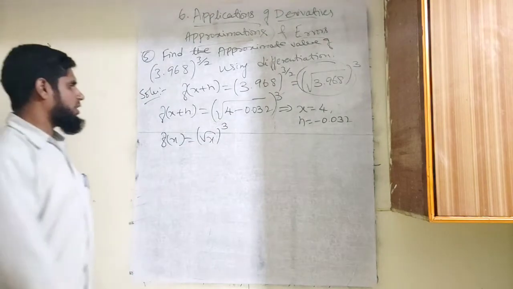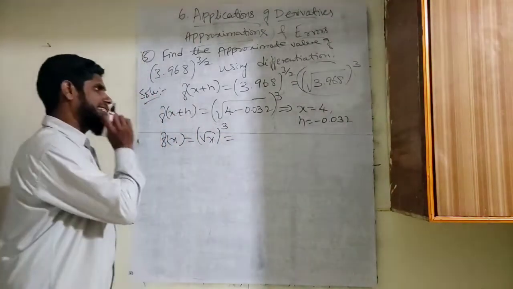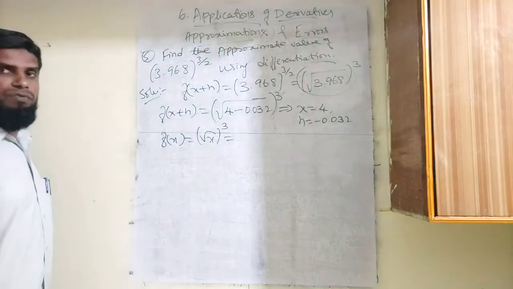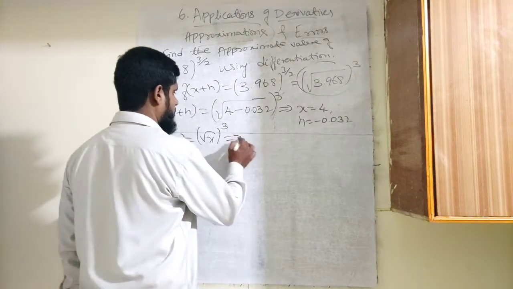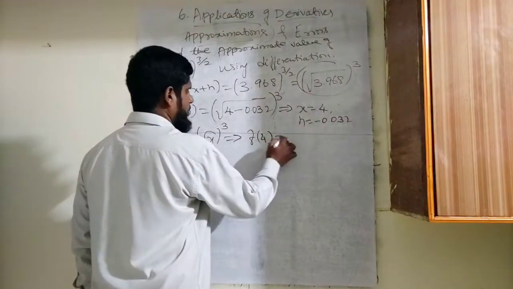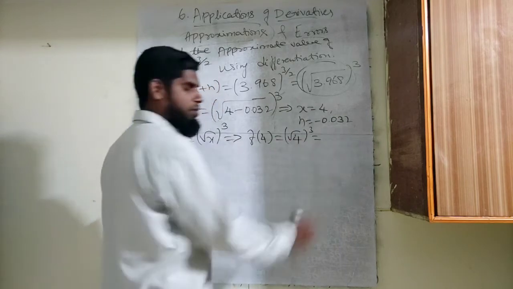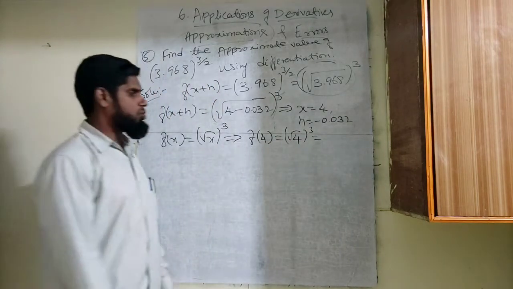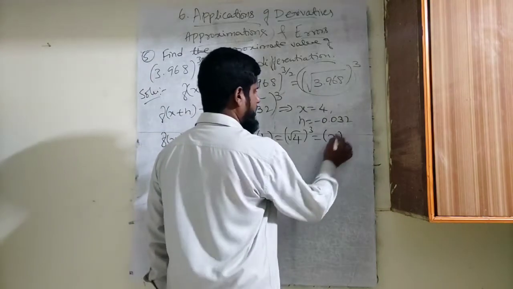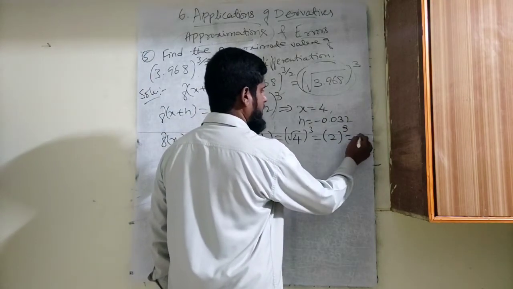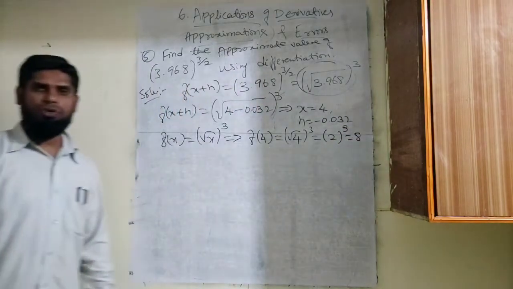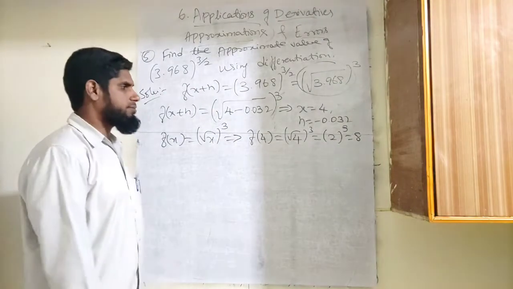Let me find its value at x is equal to 4. My f of 4 is root 4 whole cube. Root 4 is 2, so finally it is 2 cube, which is 8.